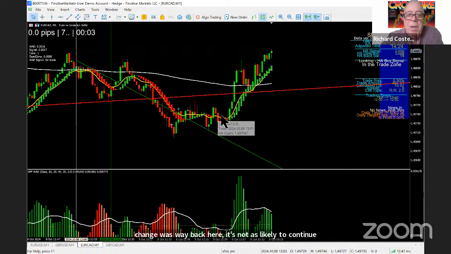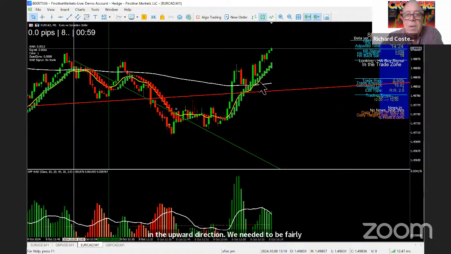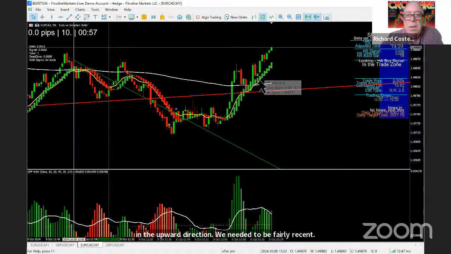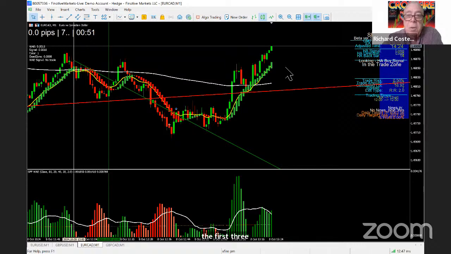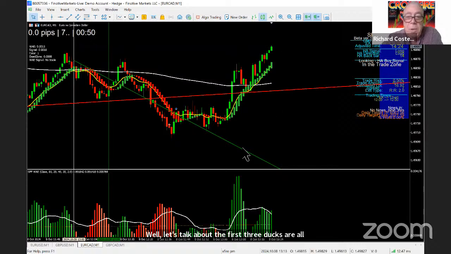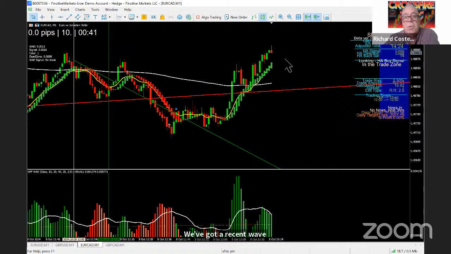You need the MA cross to be fairly recent to be effective. Can you see how the first three ducks are all lined up? We're above the green trend line, we've got a recent wave change, and we've got a recent MA crossover. Three of our four ducks are lined up perfectly.